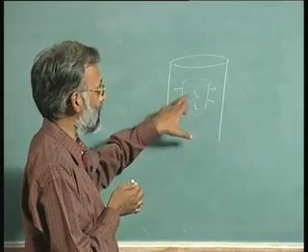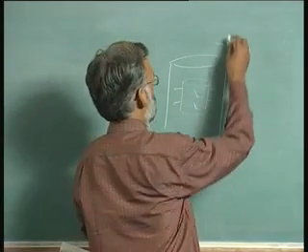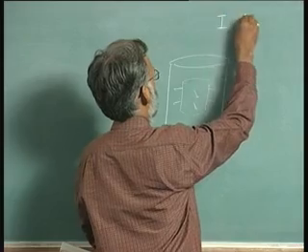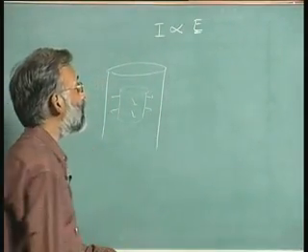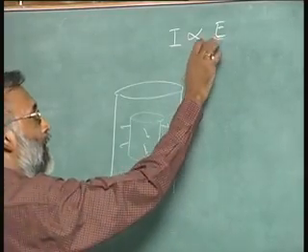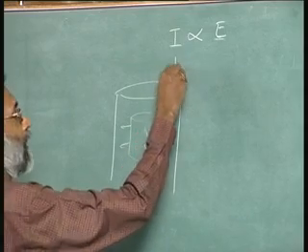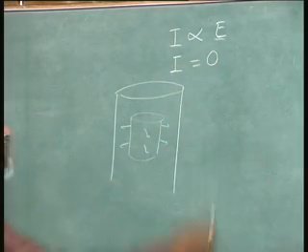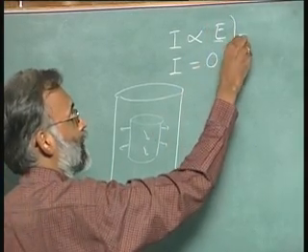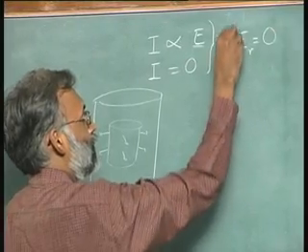So there is something wrong with this picture, and the only thing that can be wrong, because I do know that the current is proportional to the applied electric field, and I do know that I can't have current. So if I take these two facts, it implies the electric field itself is 0.